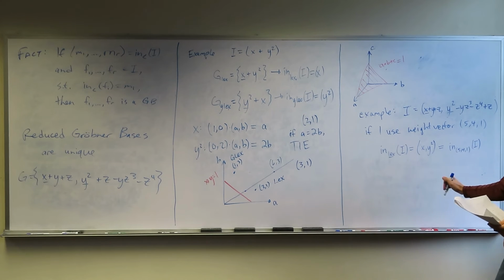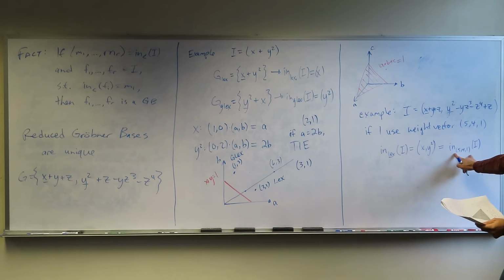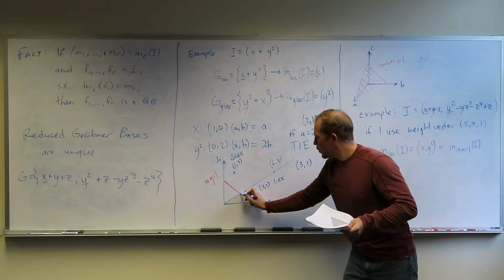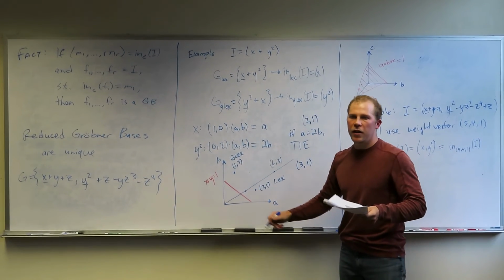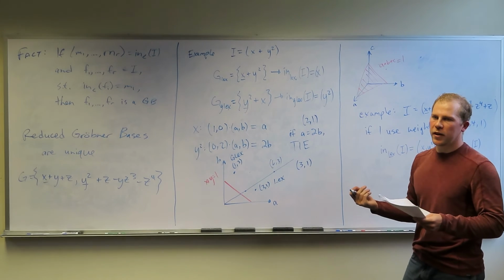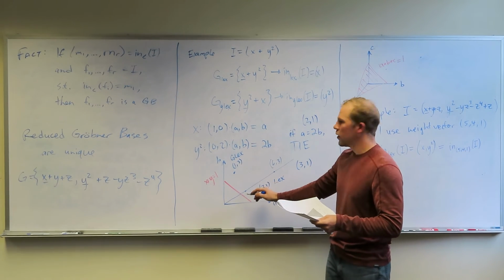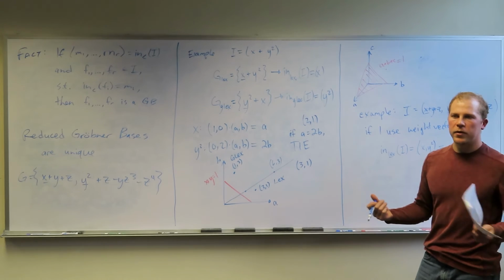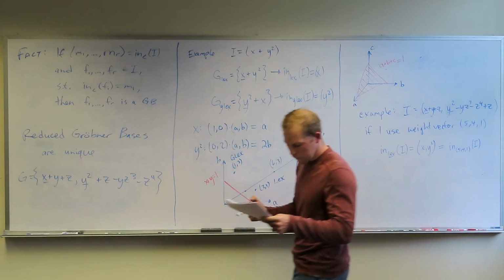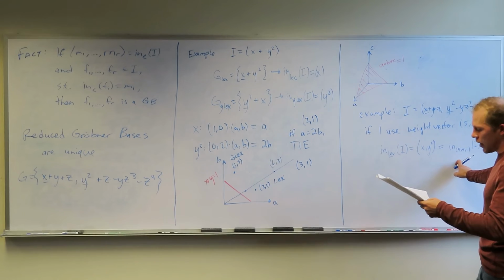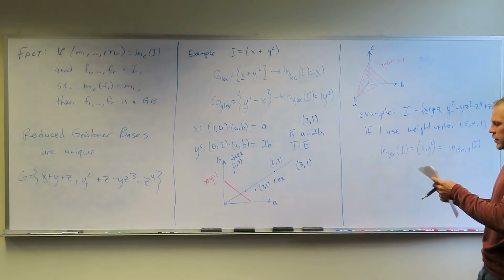I'm going to throw in this notation where I put the weight vector in the subscript of the initial ideal. Notice, again, from before, if I was to choose this weight vector right here, that wouldn't give me an initial ideal. So I couldn't write in sub 2, 1 of I, that wouldn't be meaningful. Okay, so 5, 4, 1 gives me Lex, and let's see.